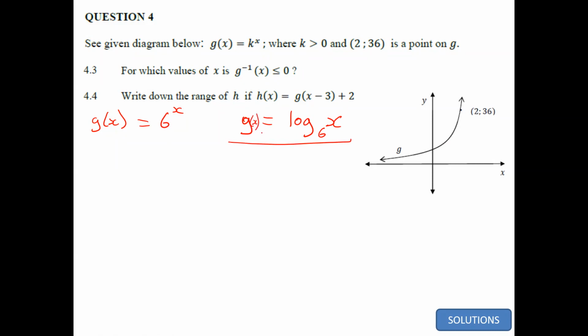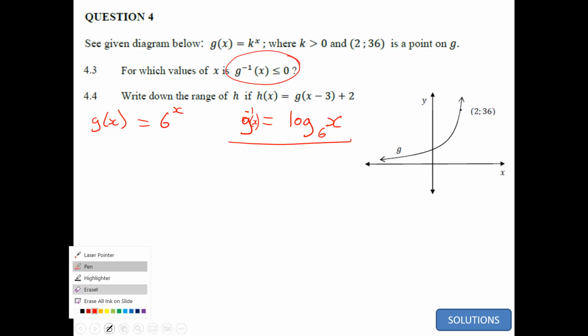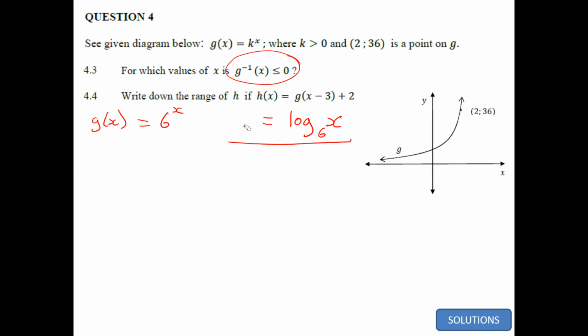The g of -1. So looking at this question, for what values of x is g of -1 of x less than and equal to 0? Let me give you some time. Quickly try it out and then we can discuss it. As soon as you have an answer, put it up.